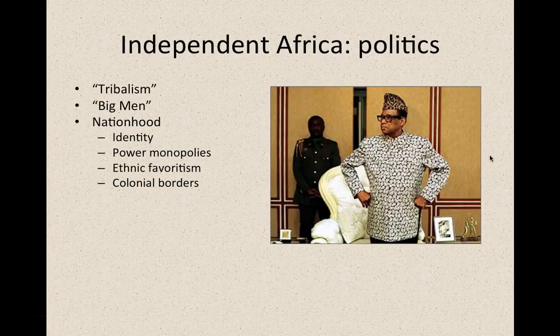Another really good example was Nigeria. Nigeria had 3 major regions and ended up being organized regionally, as I said in a previous lecture. But in the late 1960s, the southeastern region, where the Igbo people were the predominant group, ended up declaring independence and trying to break away, and there was a bloody civil war that probably claimed more than 1 million lives, fought in order to preserve the territorial integrity of that country.